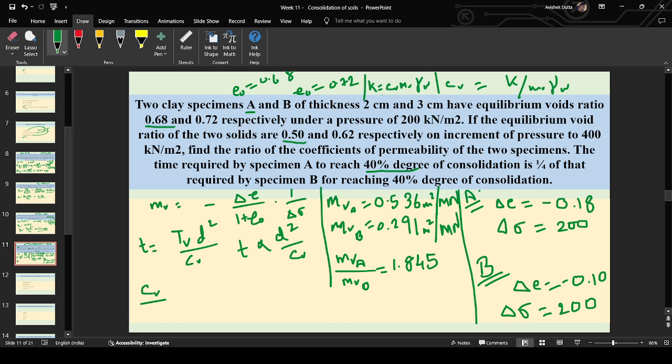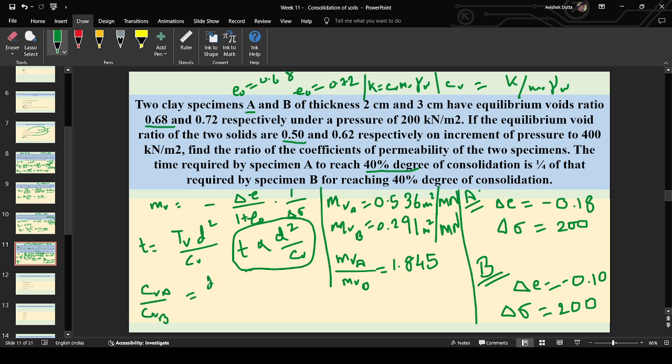So the ratio of kA to kB will be the product of the ratios of CvA to CvB and mvA to mvB. Now mvA to mvB we have found out. We need CvA to CvB. Now from this relationship, I'll directly write CvA to CvB.